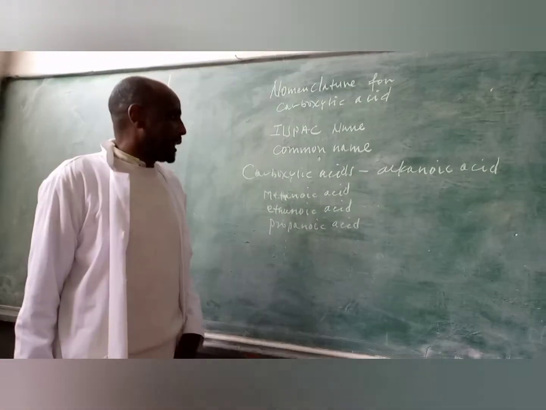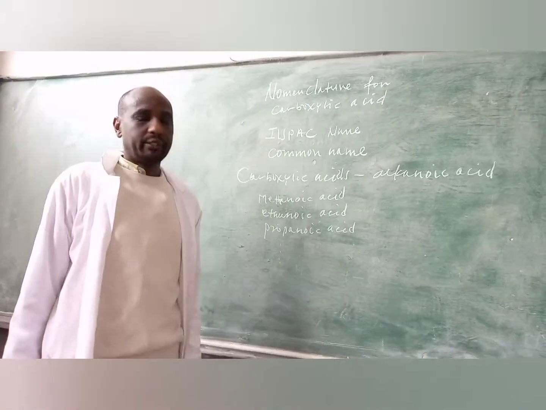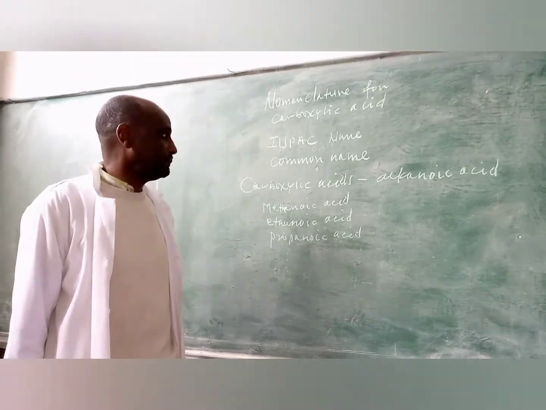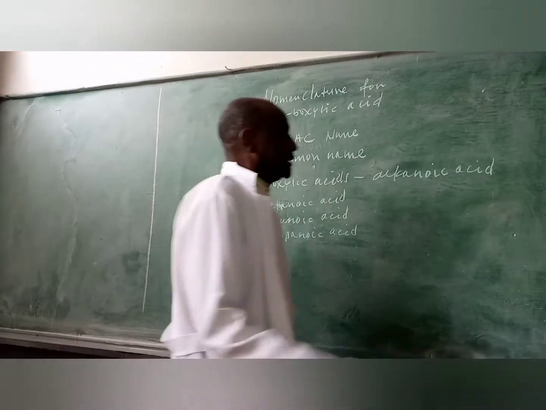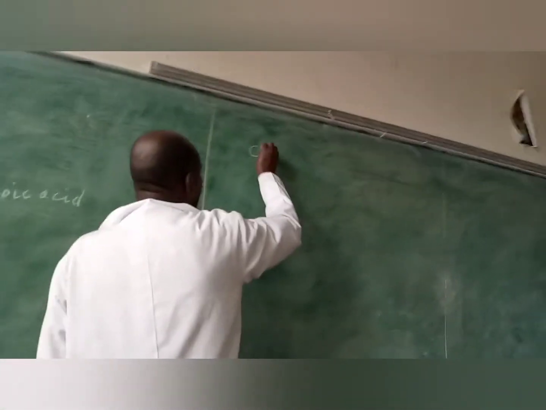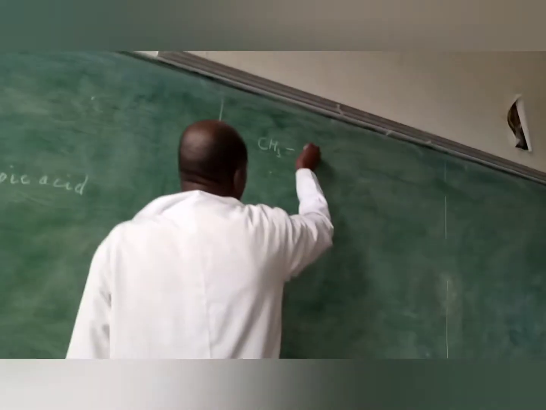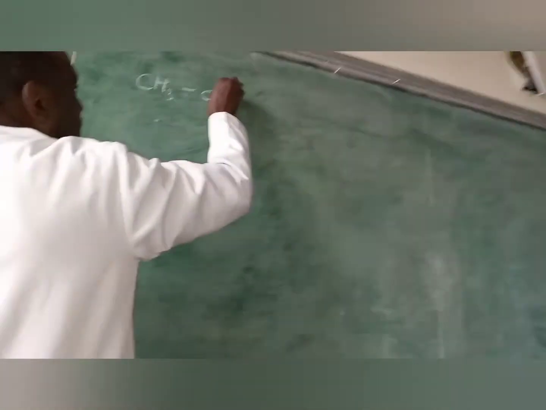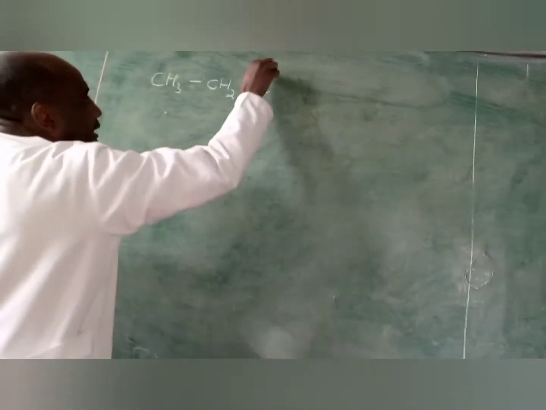Now, to give the IUPAC name, we have the rule and the regulation to name them. Let's see the IUPAC name by example. Look now, this is organic acid.